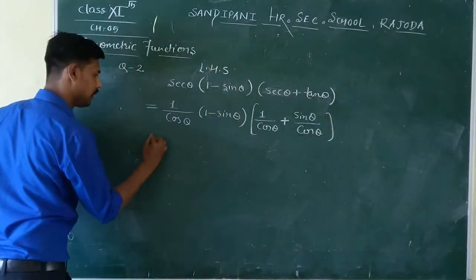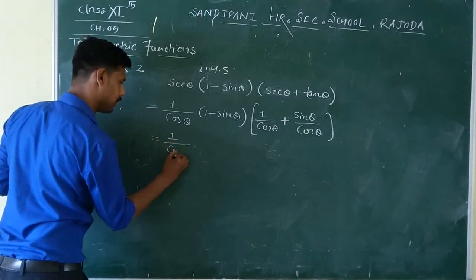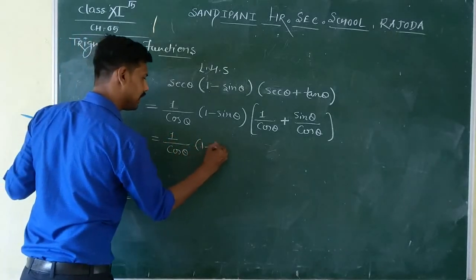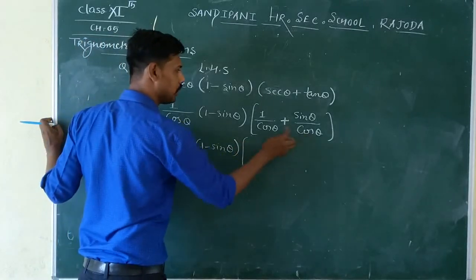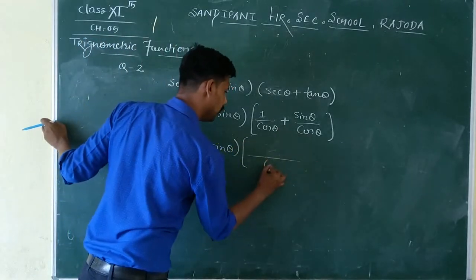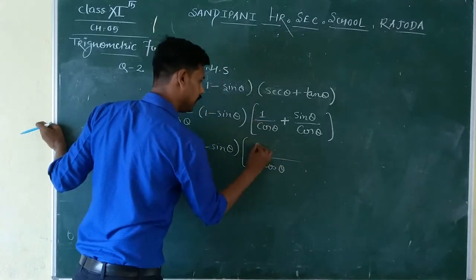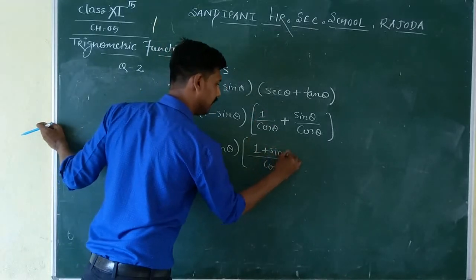Now next step, 1 by cos theta is the same, then 1 minus sin theta, and we take the LCM between those terms, cos theta as a common denominator, then finally 1 plus sin theta.